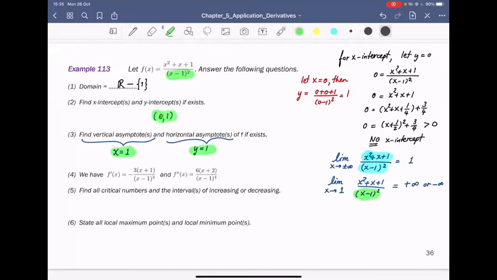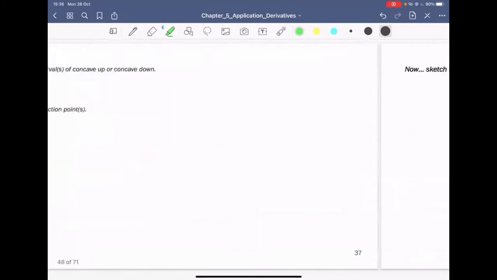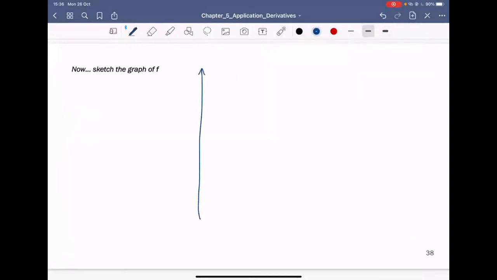Well, you have more information about the graph now. If you want to plot the graph, you can skip to the plot here and try sketching first. So I'm going to draw the graph. This is y, this is x. I know that my y-intercept is (0, 1). Here, this is my y-intercept.